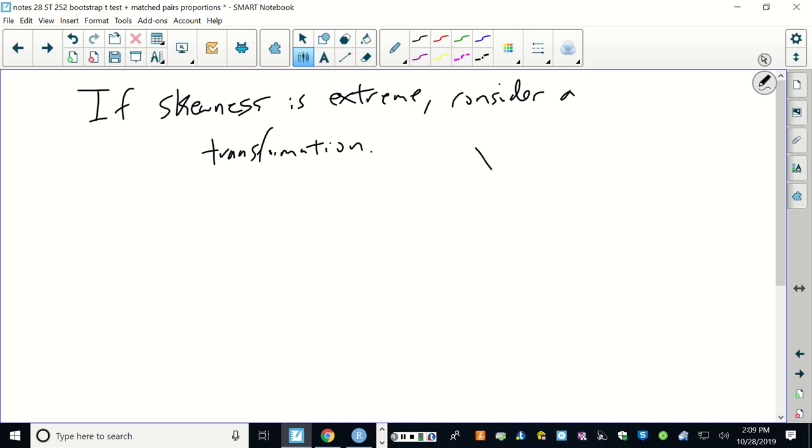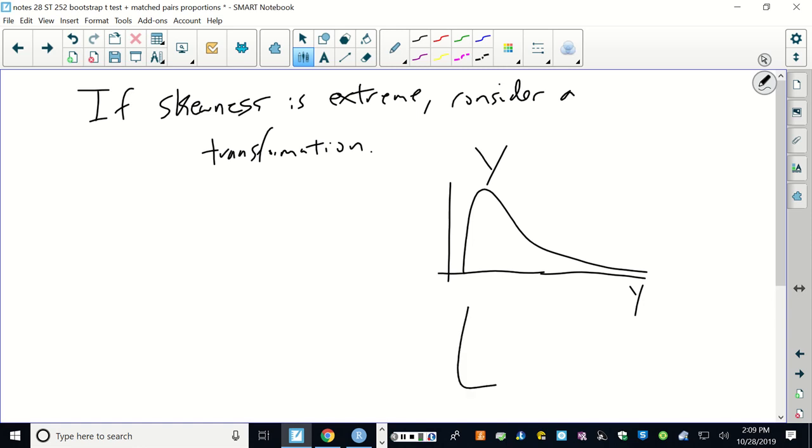So if your data y is really extreme and it would kind of look like this, a huge massive tail and some values that are way out there, so this is y, then taking something like the log of y or square root of y changes the problem, and the meaning of the mean is different. One's on the regular scale, one's on the log scale. But if you're comparing two groups, it might be reasonable to compare them on the log scale. Right?